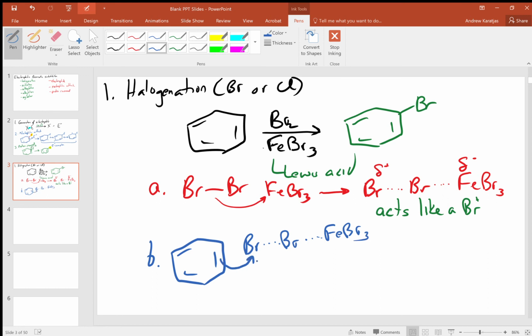The aromatic ring attacks the bromine that's partially positive, and at this point, that bromine-bromine bond fully breaks, and that leads to the formation of our sigma complex.